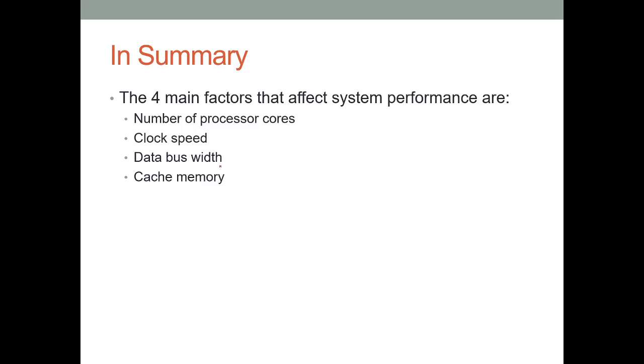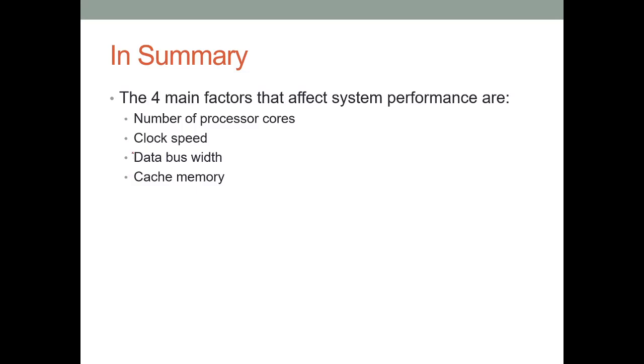The larger the data bus, the better the performance you're going to have. And using cache memory is also going to increase performance. Now, along with that, except for the data bus, which has no disadvantages, there are a few disadvantages with these three you need to be aware of. So you might want to go back over the PowerPoint and make sure you know what the disadvantages are, because I did admittedly storm through this.